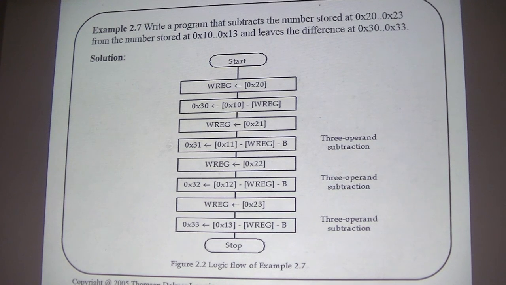Now just now we did addition, multiple byte addition. Now you can do multiple byte subtraction. Write a program that subtracts the numbers stored at hex 20 to 23 from the numbers stored at hex 10 to 13. So which one minus which one?